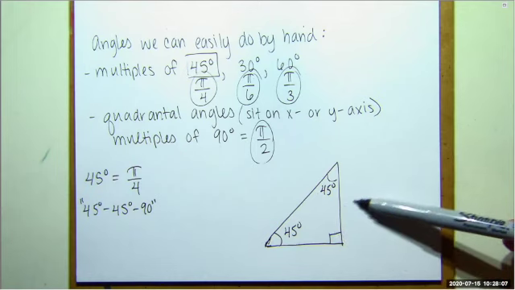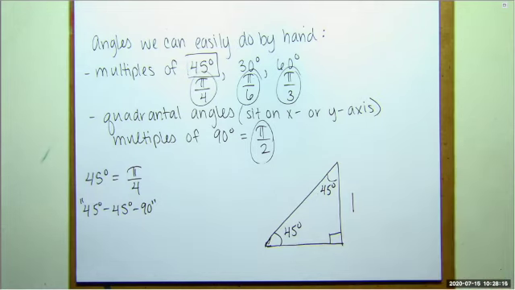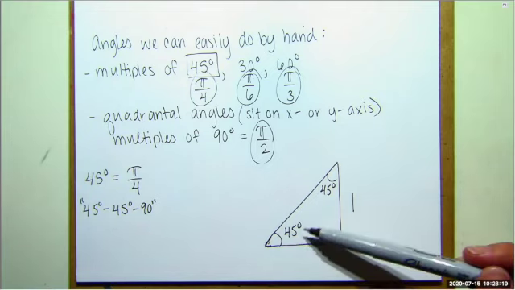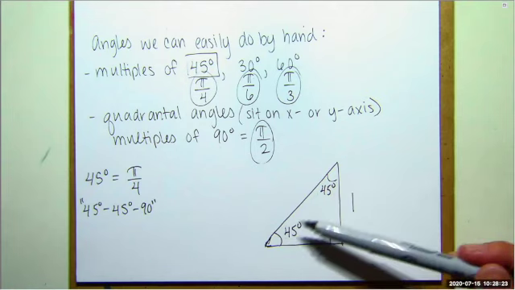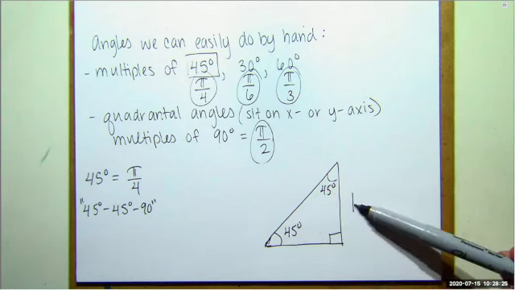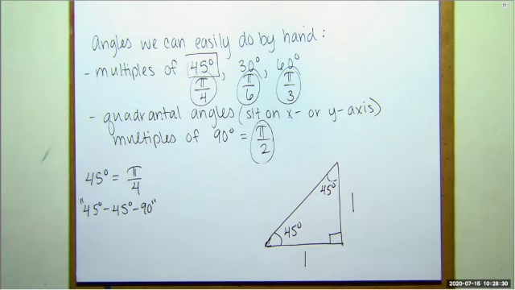So we're going to pick a length of this side. What is the easiest number to work with? 1. So let's let this side be equal to 1. Going back to some high school geometry, in a triangle, if this angle is 45 and this angle is also 45, if these 2 angles are the same, then their opposite sides have to be the same. So that makes this side also a 1.